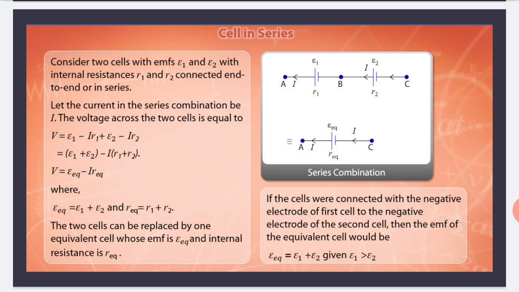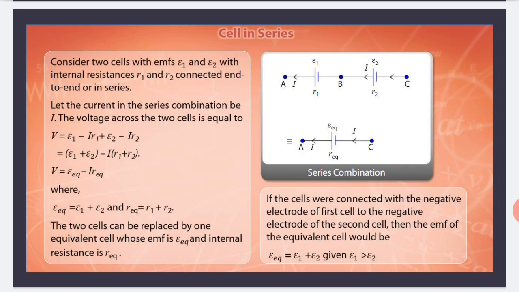Therefore, you can write this expression: V = E1 + E2 - I(R1 + R2), which is equivalent to V = E equivalent - I R equivalent. On comparing both, E equivalent = E1 + E2. That means the equivalent EMF is equal to the sum of the EMFs of the two cells, and the equivalent resistance is equal to the sum of the internal resistances of the two cells.